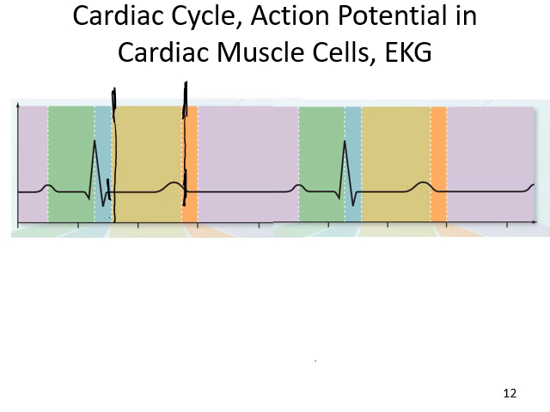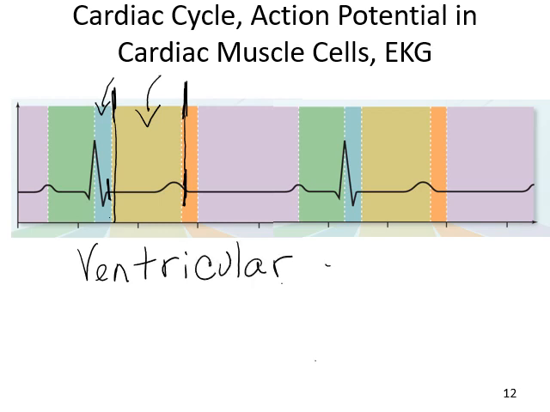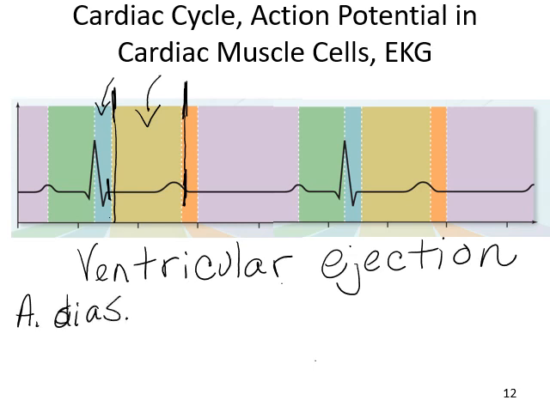Here again, they were contracting but hadn't pushed open any valves. Now we move into the ventricular ejection phase. And in ventricular ejection, what happens? Our atria, again, are in diastole. Our ventricles, we know, are in systole. Valves.